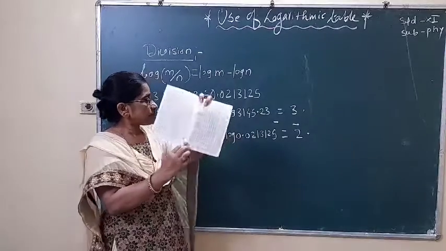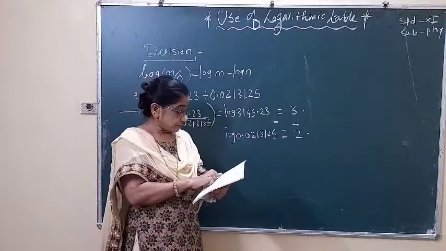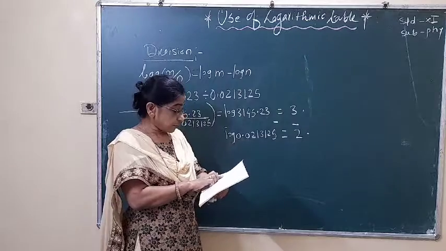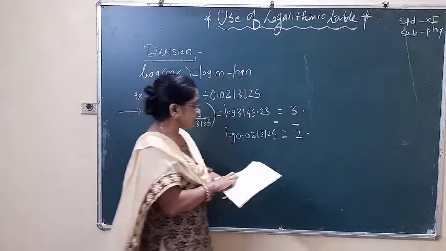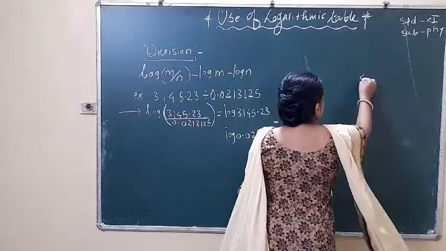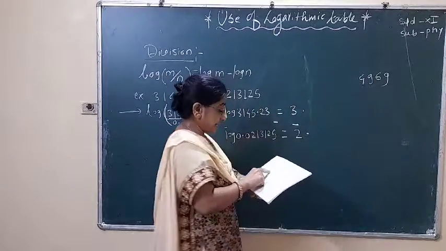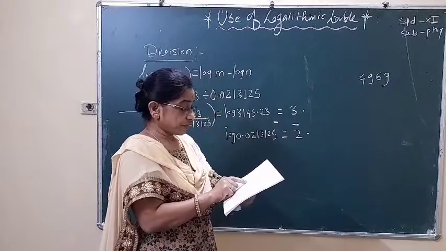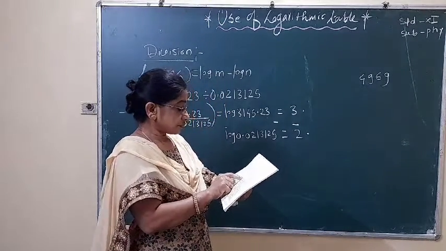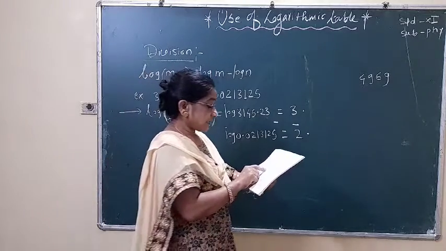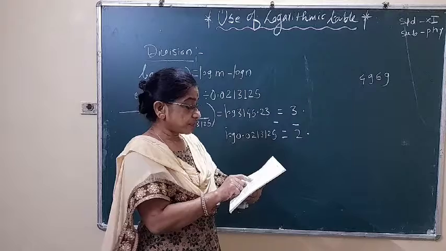In the logarithm table, 31 in 4 is 4969, and the mean difference in 5 is 7.